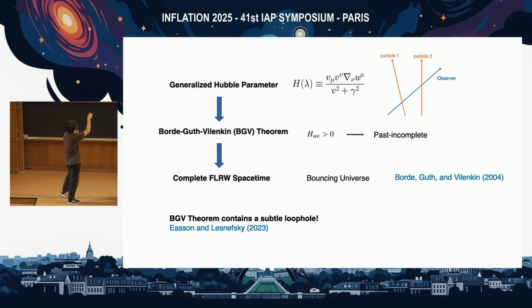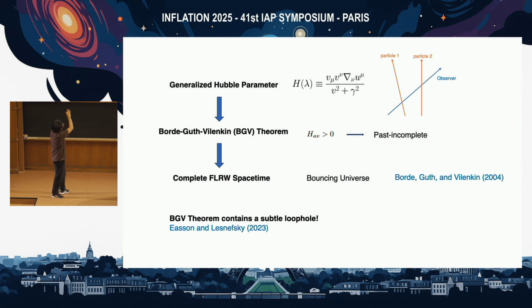There's a well-known theorem about geodesic path completeness in general relativity given by Borde, Guth and Vilenkin. They define a generalized Hubble parameter with respect to an observable, which describes the separation of some test particles passing through the worldline of the observable.